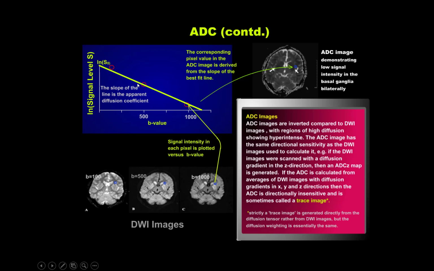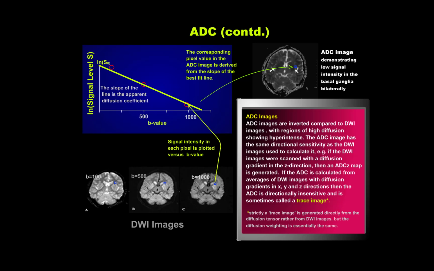The final step then is to take a measure of that slope for every pixel as calculated and to plot it as an intensity level in a new image, which is the ADC image. So in the ADC, the intensity of the pixel is related to the apparent diffusion coefficient. In other words, the more intense the pixel is, the higher the diffusion is in that pixel.